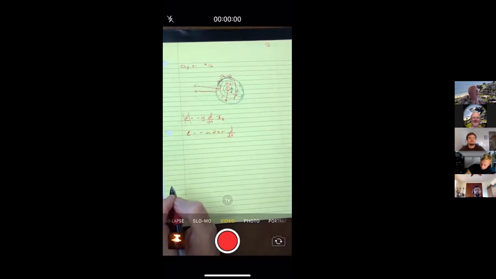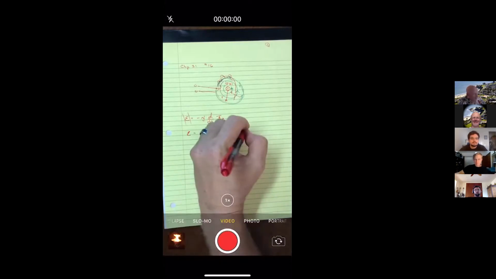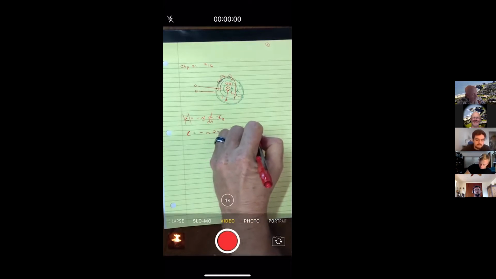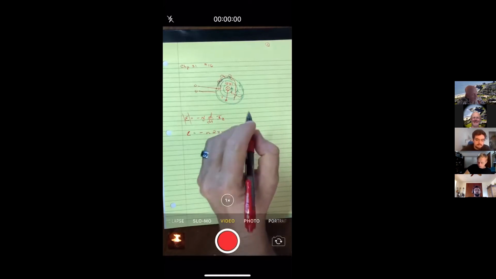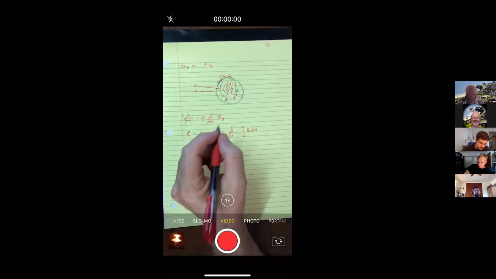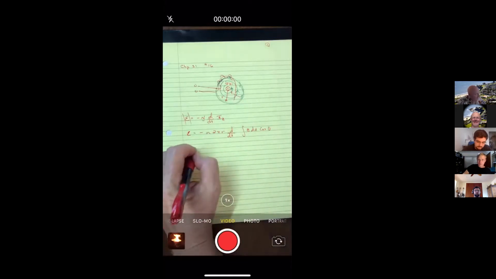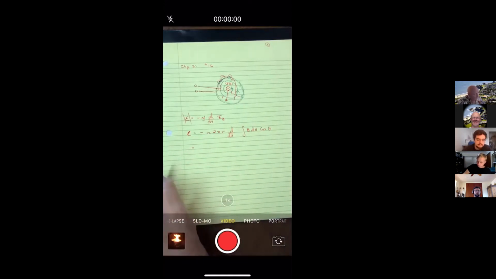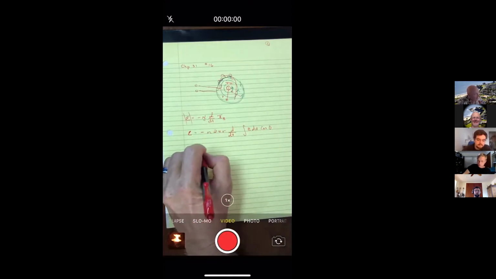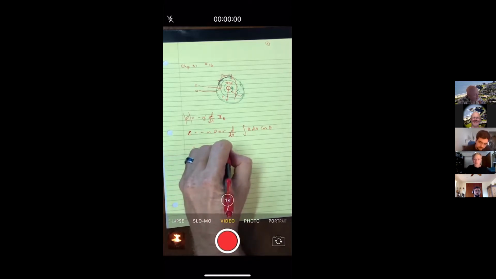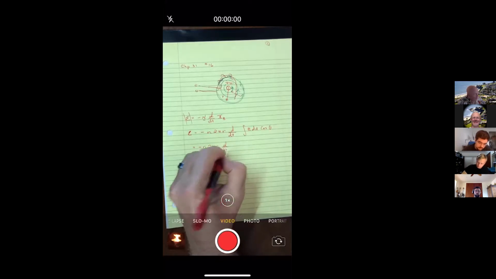So here's the derivative. And then now I have the flux. And the flux is B dA cosine of the angle. And so n 2 pi R, here's the time derivative.